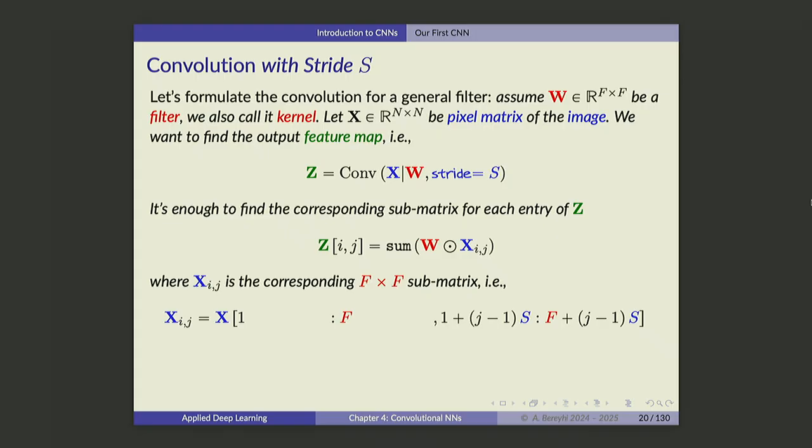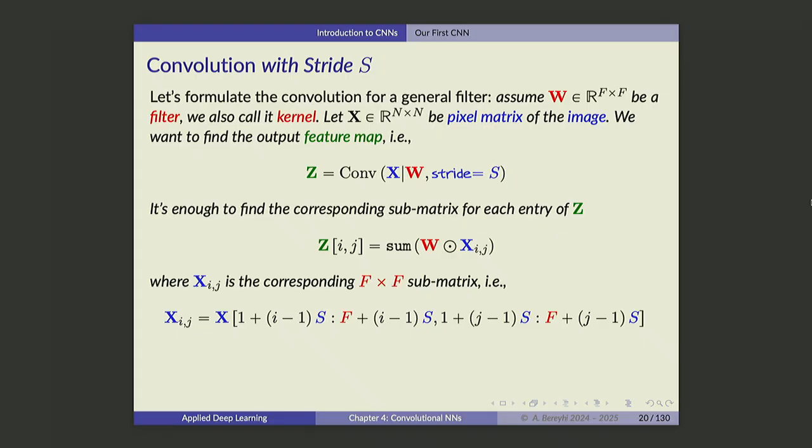What do you do? You're going to jump exactly the same way on the rows, right? So the next time you're going to start from 1 plus s, f, and you go till f plus s, right? The next time you are going to go for 1 plus 2s, f plus 2s, and so on, right? So this is in general the part of the matrix that you're scanning, right?